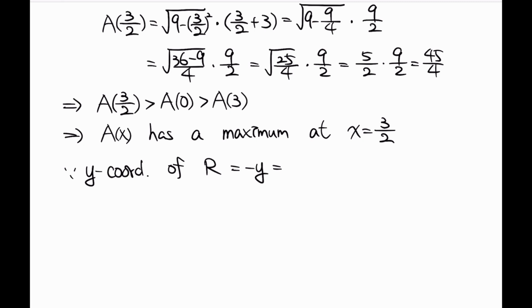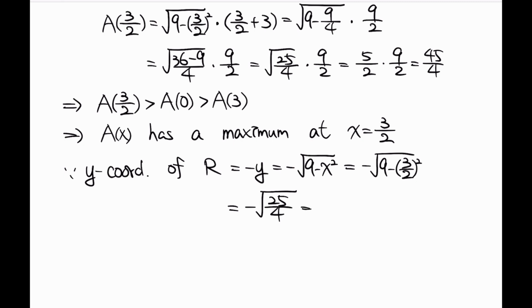So negative y is negative the square root of 9 minus x squared. And then we plug in x equal to 3 over 2 into this equation. We'll get negative the square root of 9 minus the square of 3 over 2, which we have calculated in the previous calculation. It is not hard to see it is equal to negative the square root of 25 over 4. So the y-coordinate of R is negative 5 over 2. That's the answer for part D.